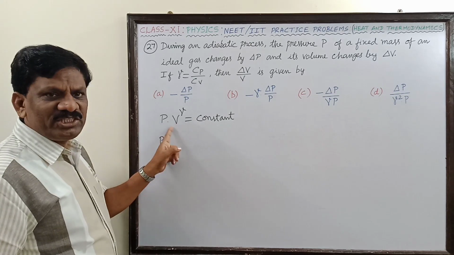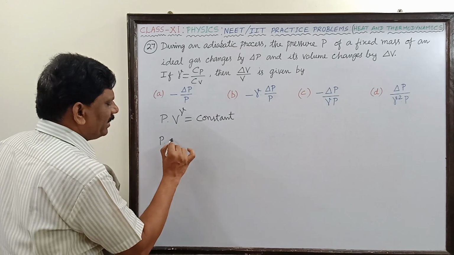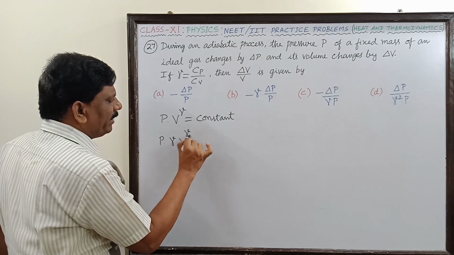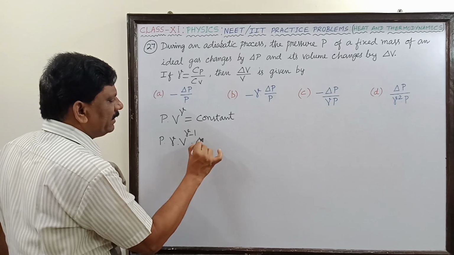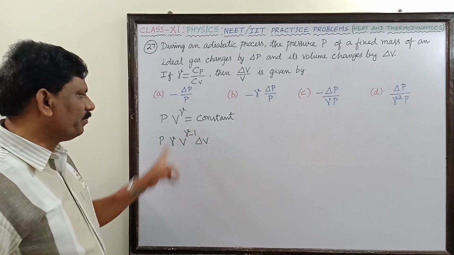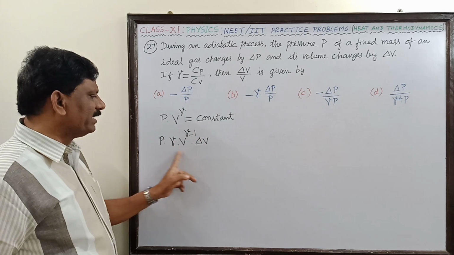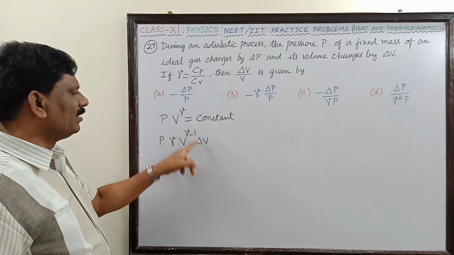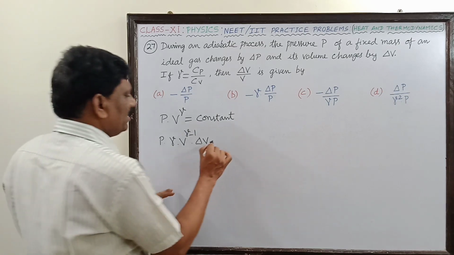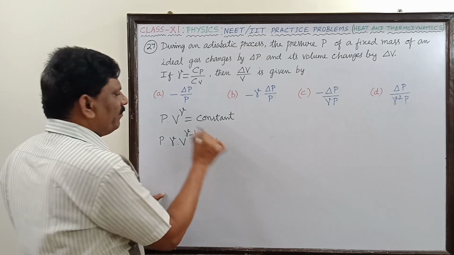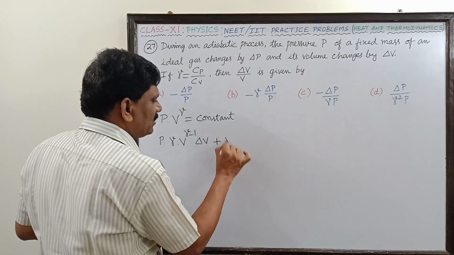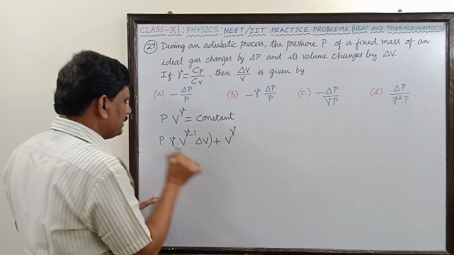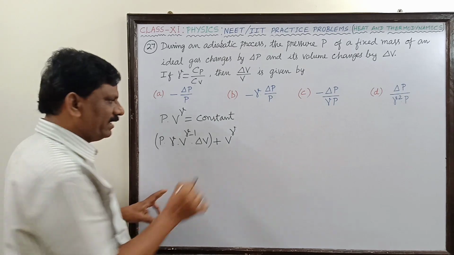So I will differentiate V power gamma. This will become gamma into V power gamma minus 1 into delta V. So P is kept constant, V power gamma is differentiated. Plus, now V power gamma should be kept constant, so I can put this in brackets.